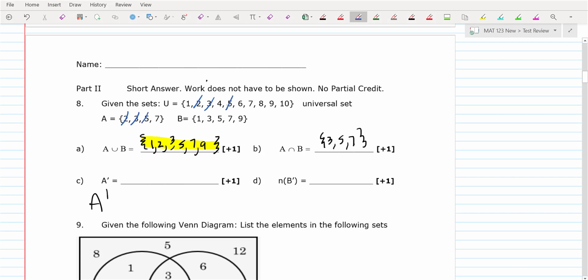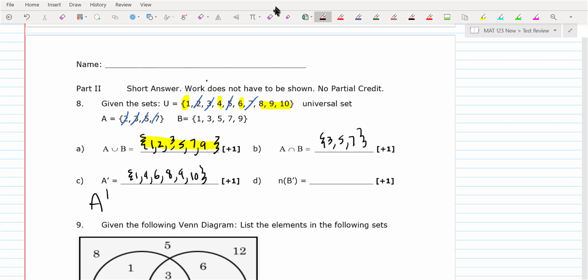There's a 5, I'm going to mark that out. There's a 7. So it would be everything left over. That would be your answer. So A complement would be 1, 4, 6, 8, 9, 10. So that's your complement there. That's a set.